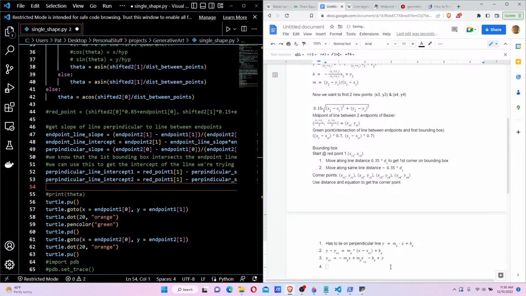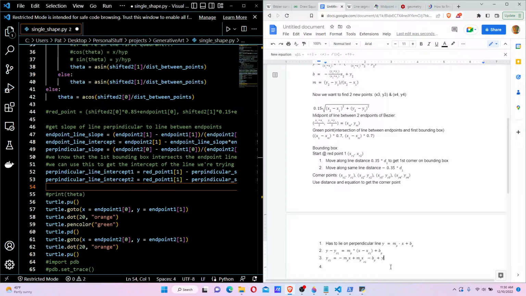So yeah, I have that equation, y of c1 in terms of that. So that's, actually, I don't even know. I don't think that's what we want.